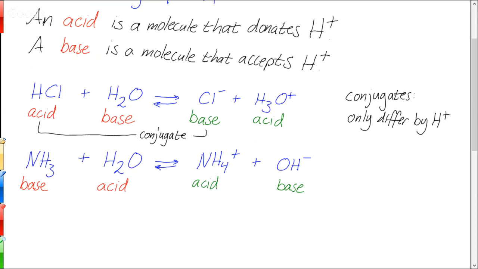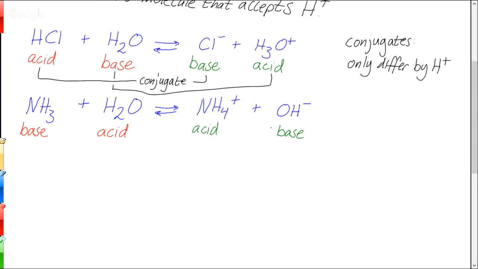So every acid-base reaction will have two pairs of conjugates. The other pair is the other two. H2O and H3O plus are conjugates of each other. Conjugate acid, conjugate base. We do the same thing, define it in the second reaction here.